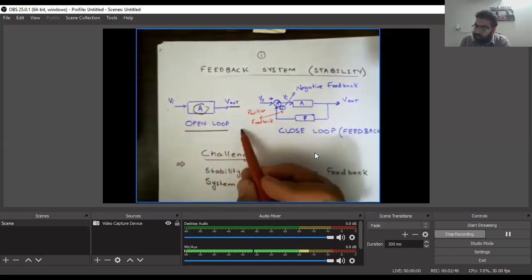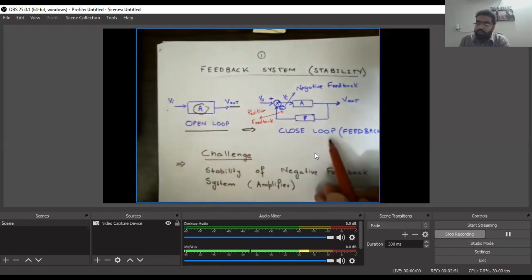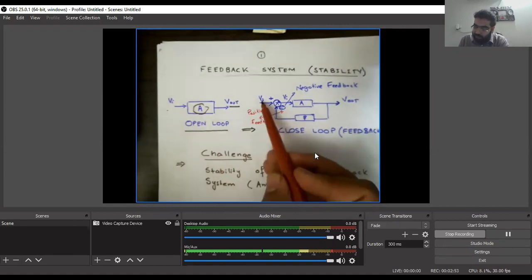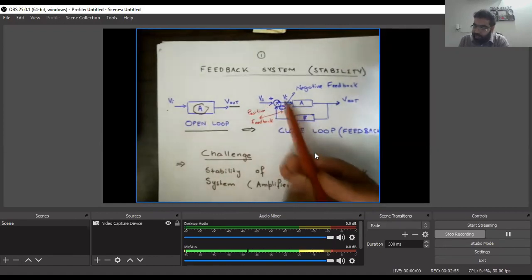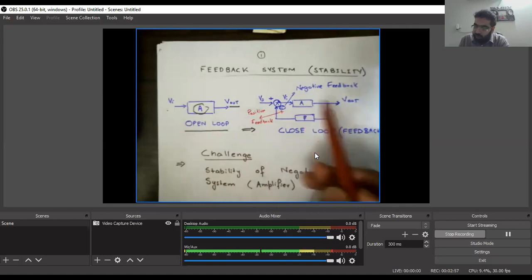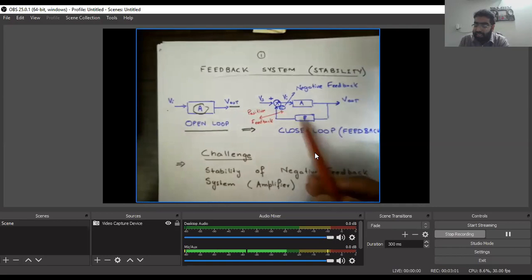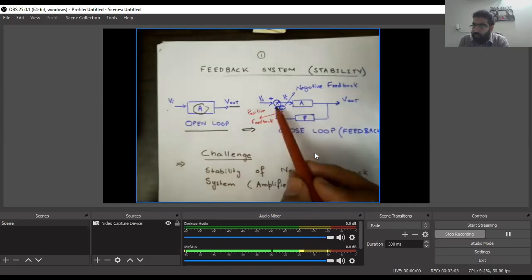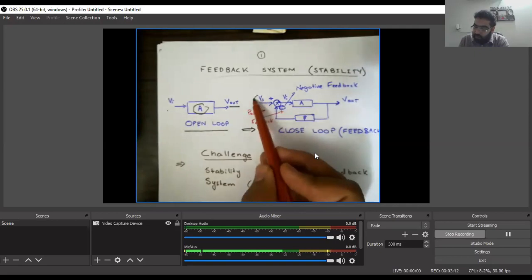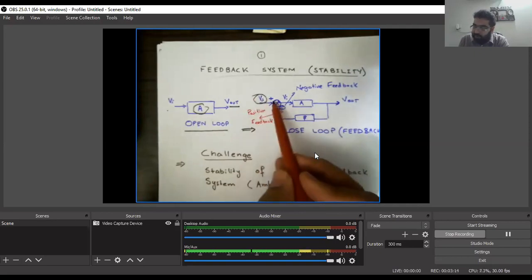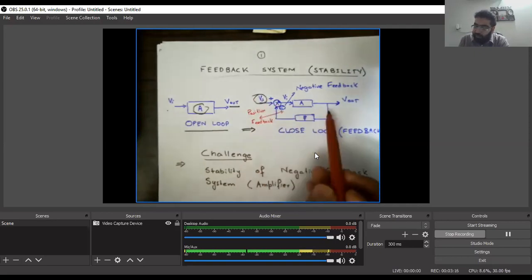If we see the other side, the closed loop system, we can have the same thing, VI and a feed forward gain and a V out, but now we have a feedback in the form of a gain of beta going back towards the input terminal of gain A. So we are giving a new input named VS, which is being added with the subtracted component of the beta.